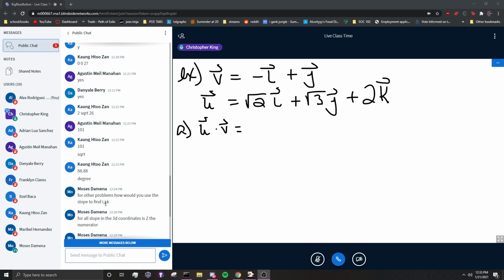If I do the dot product between these, I'm going to end up with negative square root of 2 plus the square root of 3. And that's the best I can do. The last component will be 0 because I don't have a k component in vector v. It's understood to be 0 times 2. Any questions there?